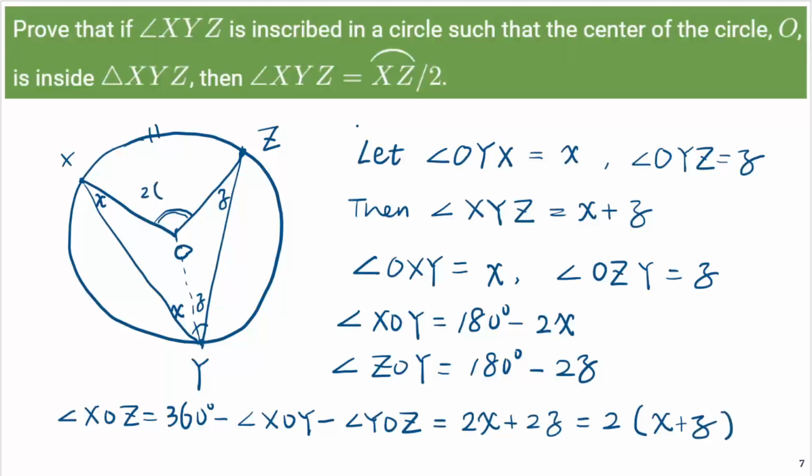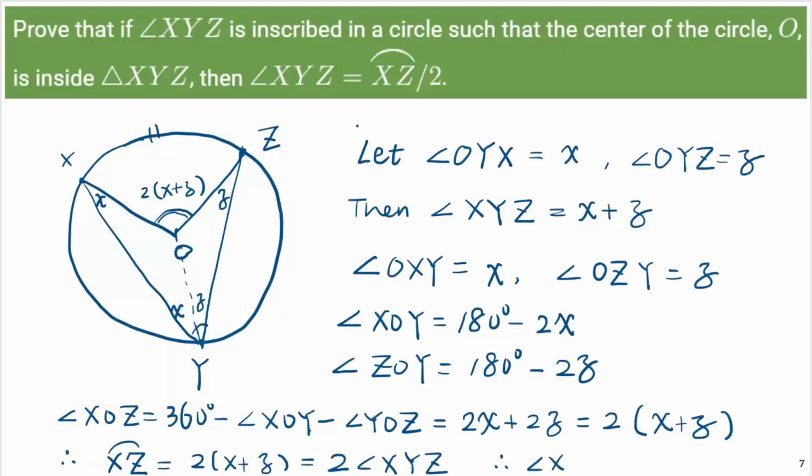So this is 2 times (x plus z) here. Therefore, we have proved the arc XZ equals 2 times (x plus z), which is twice the angle XYZ, right?